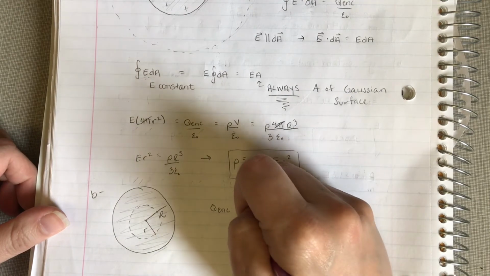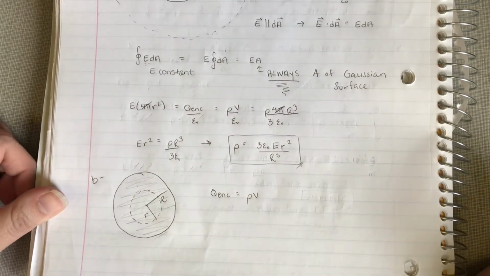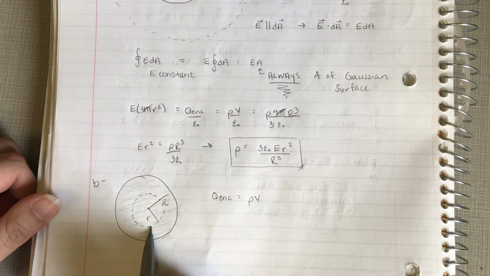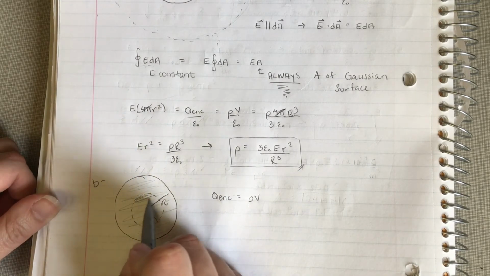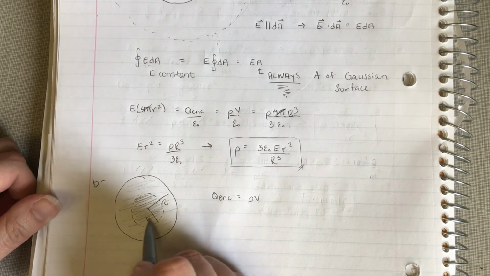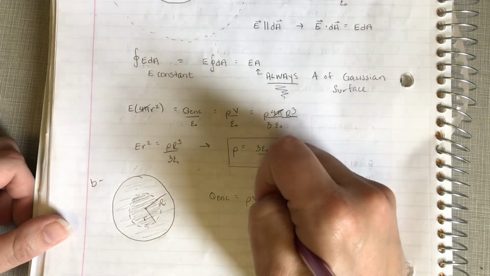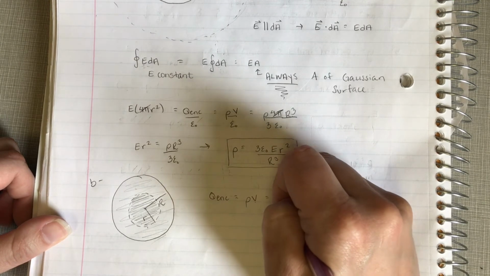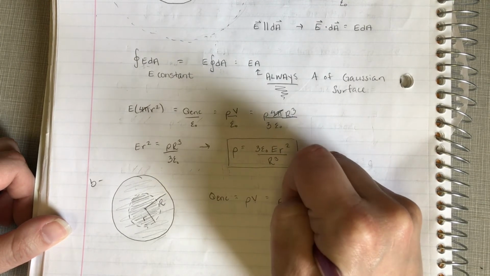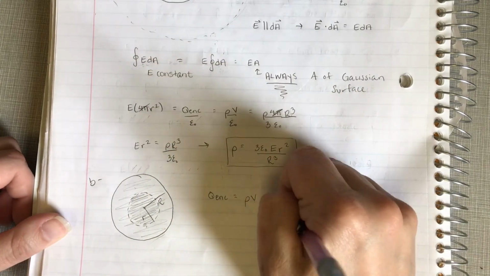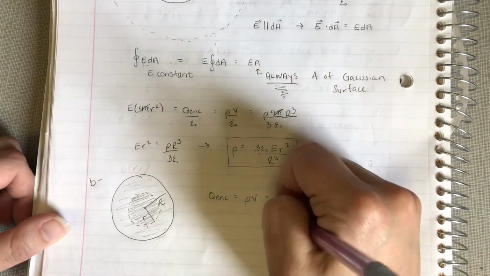So I'm going to skip those steps so you guys can go back and try them again on your own. So our Q enclosed is density times the volume, right? But now the volume of the enclosed charge is only this chunk. So it's the charge that's inside of our Gaussian surface. So that's going to be rho 4/3 pi little r cubed. Okay?